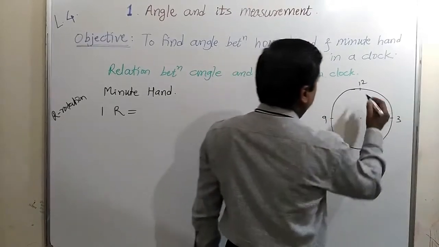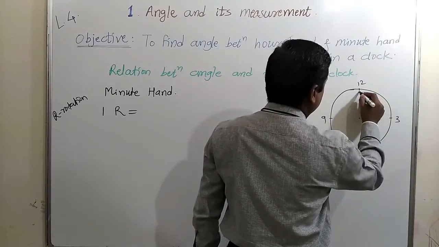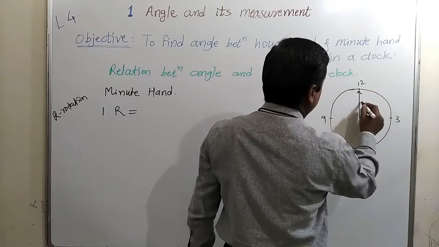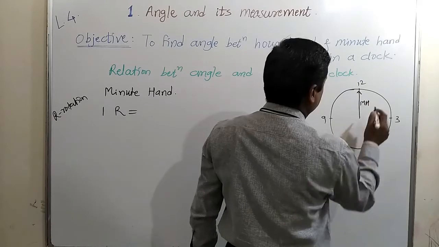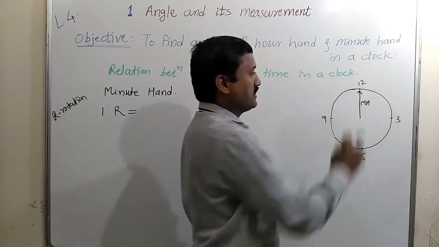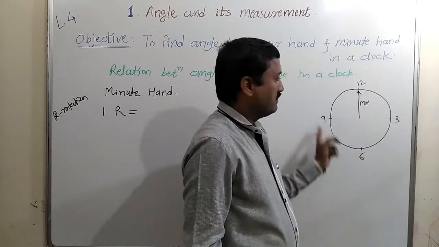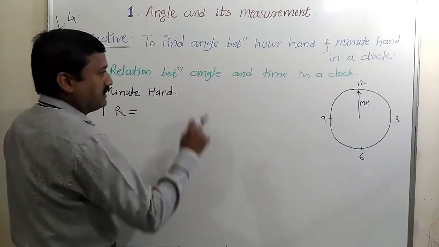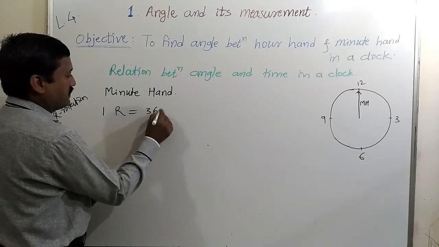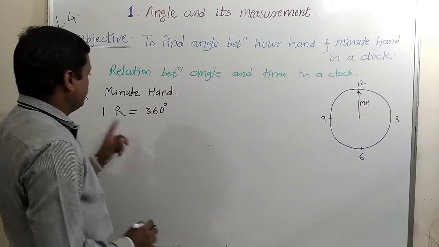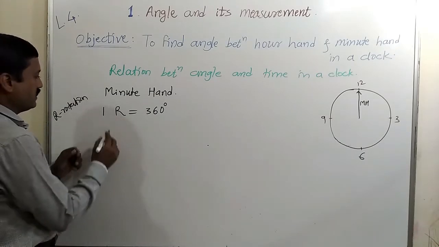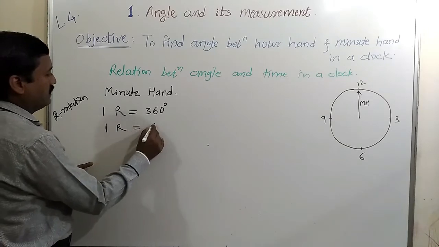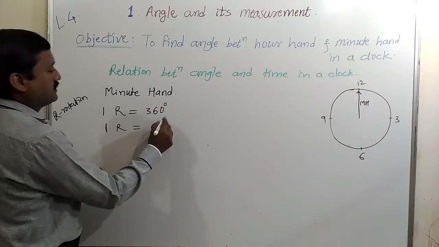In this clock, whenever the minute hand completes one rotation, 60 minutes are completed. One rotation is nothing but 360 degree, and one rotation is nothing but 60 minutes.